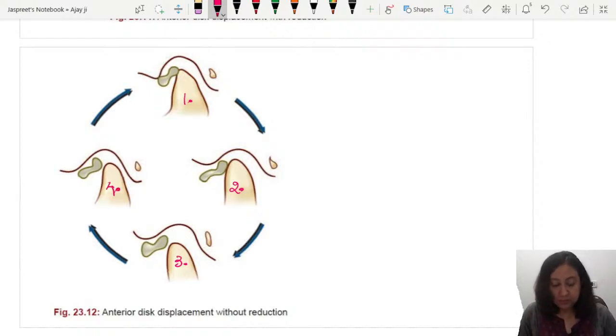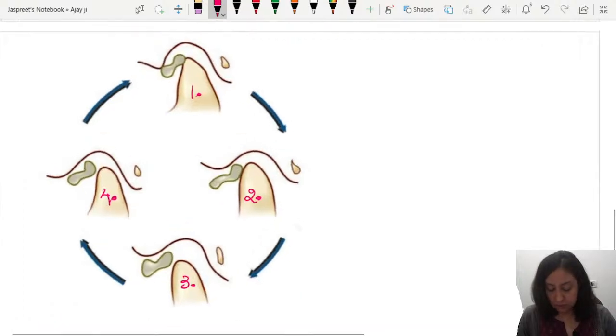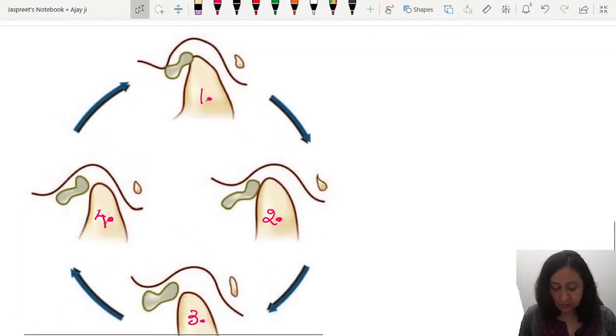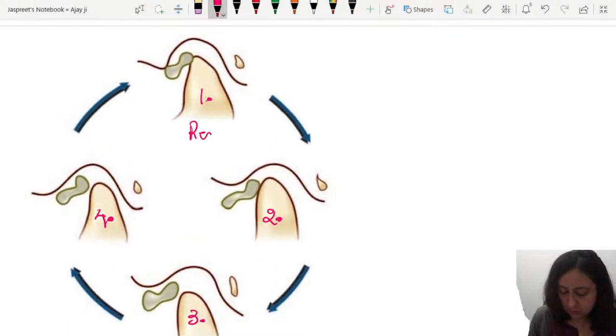Okay, now I am zooming out. This is the resting phase.